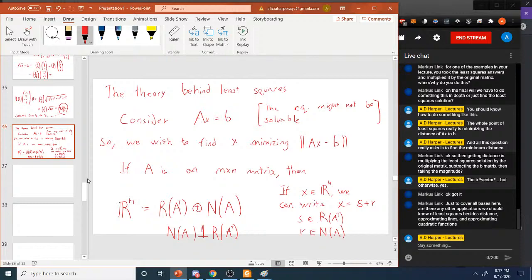And by the way, I should say this expression is unique, because this is a direct sum decomposition.